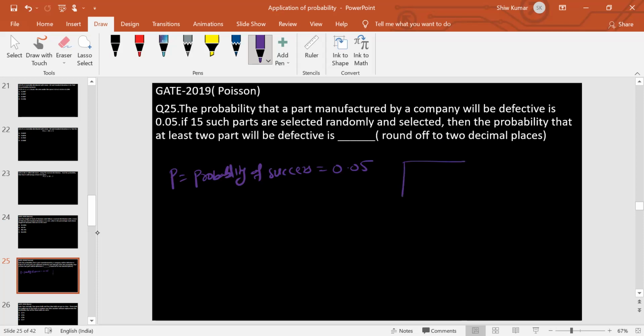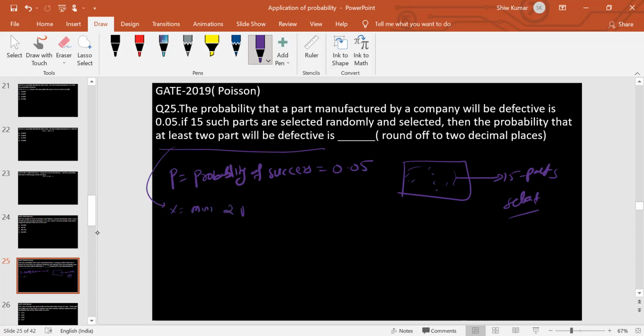That means minimum it should be 2 parts defective. Maximum, we can say 2 to 15 parts can be defective, out of the parts we selected, that will be defective from 2 to 15.